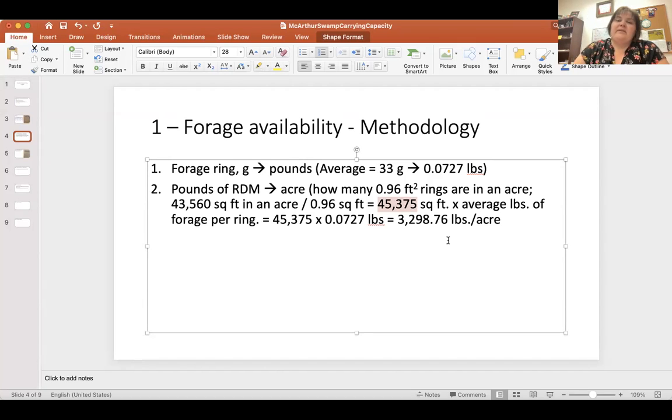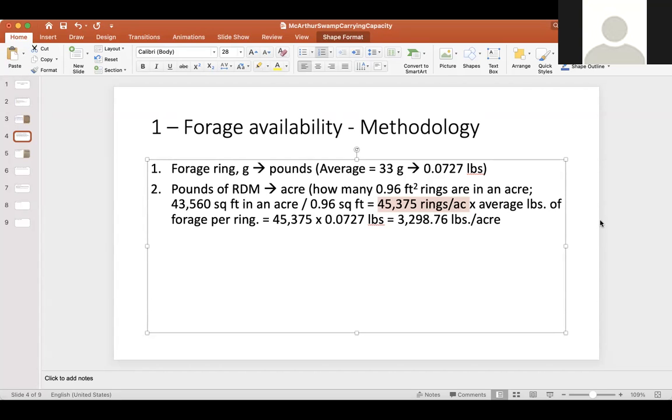Or not square feet, but rings that can fit in an acre. So does that make sense? And is that correct? Is that the same math you guys got? That's what I just calculated. Okay. The same number. Yes.